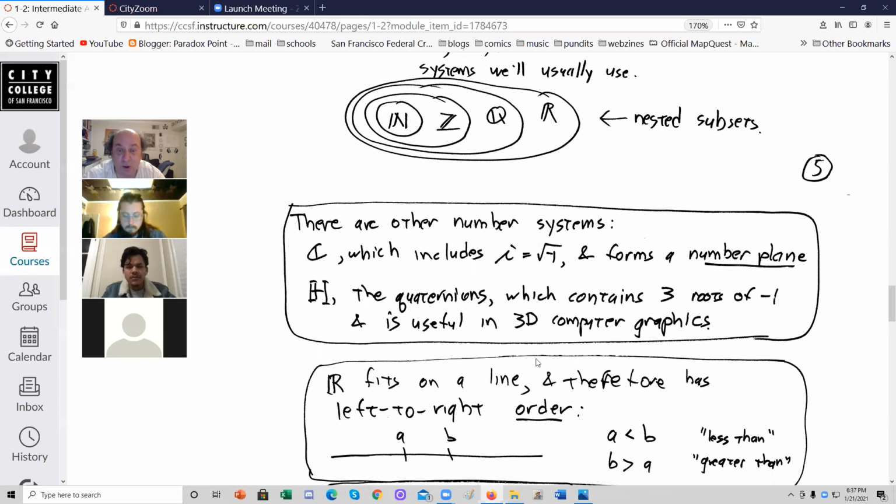It turned out to be useful in 3D computer graphics. You can do rotations and translations of objects very easily using the quaternions. And it won't get you something called gimbal lock, which other ways of describing things in space can have a problem with. So if you get into computer graphics, you'll probably be introduced to quaternions.